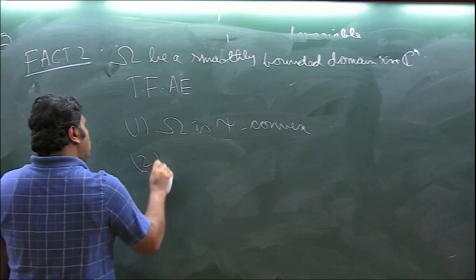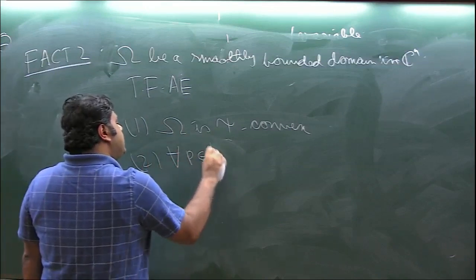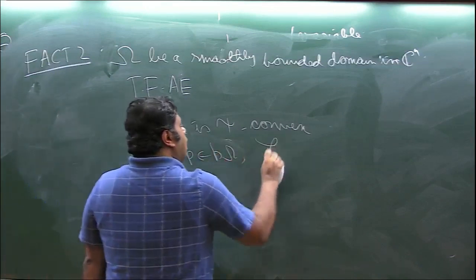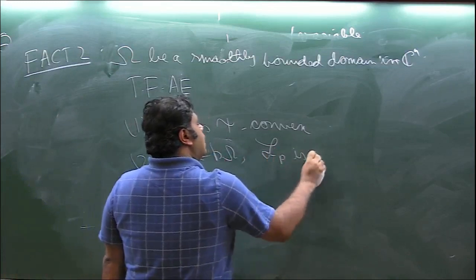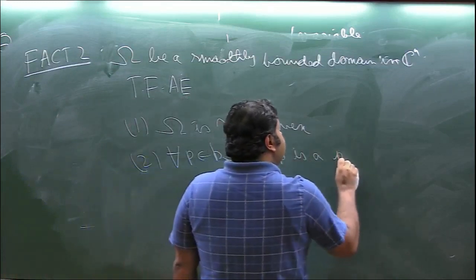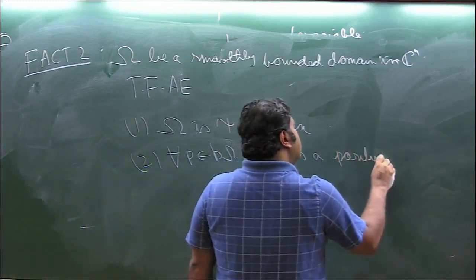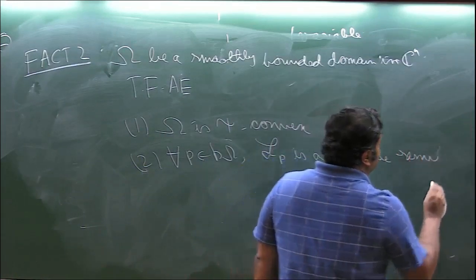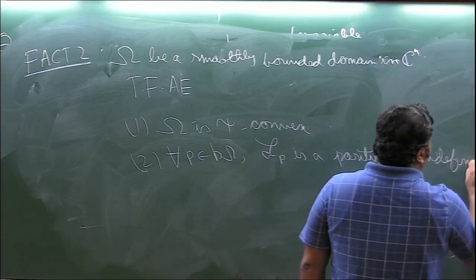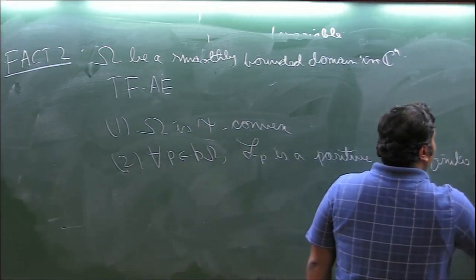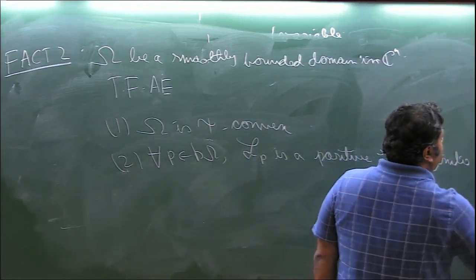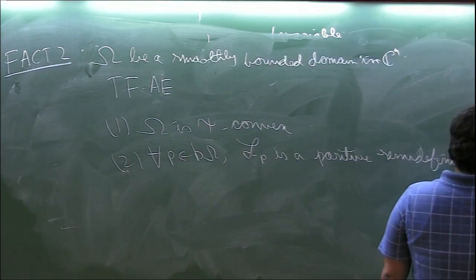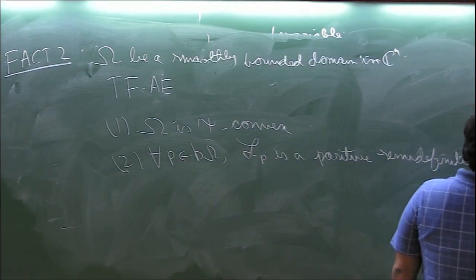And number 2, for all points P on the boundary of omega, LP is a positive semi-definite form on HP of B omega.